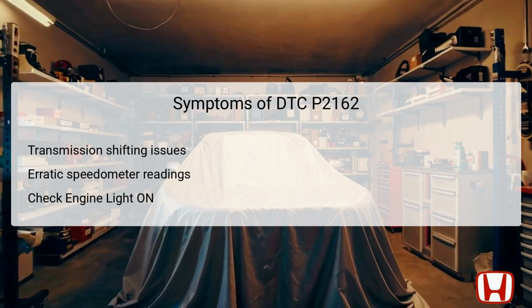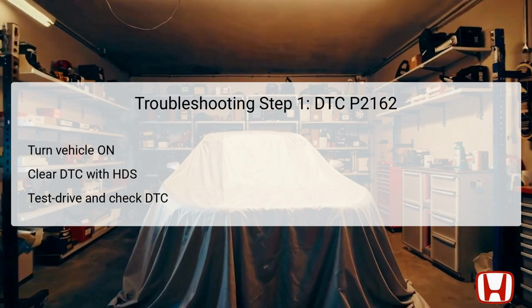The first troubleshooting step for addressing DTC P2162 involves verifying the problem. Start by turning the vehicle to the on position without starting the engine. Then, using the Honda Diagnostic System, HDS, clear any stored DTCs. After clearing, perform a test drive for several minutes to replicate the conditions indicated by the freeze data associated with the DTC.